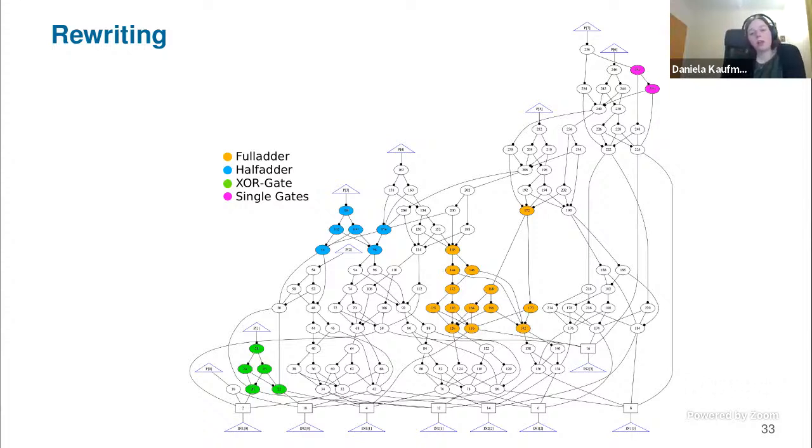And what we now want to do in a pre-processing step is, because you see, for example, in the half adder, the internal nodes, these two, are only used internally.